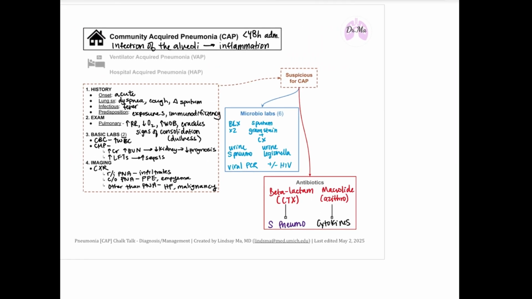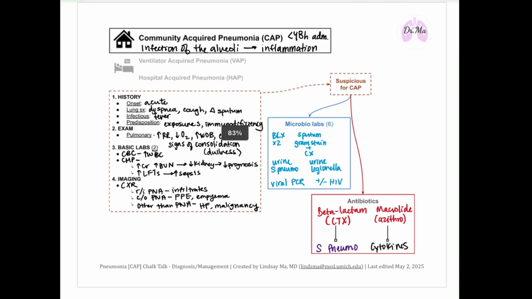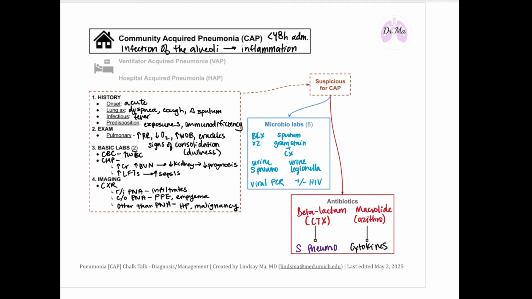All right, so to recap, community-acquired pneumonia occurs when a patient has infection of their alveoli, and that this happens when they're home or before 48 hours of admission to the hospital. This is distinct from ventilator-acquired pneumonia and hospital-acquired pneumonia.